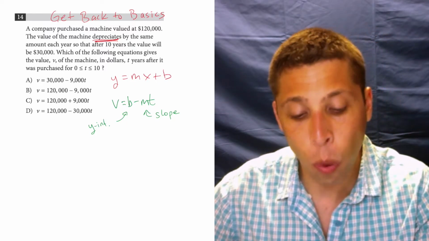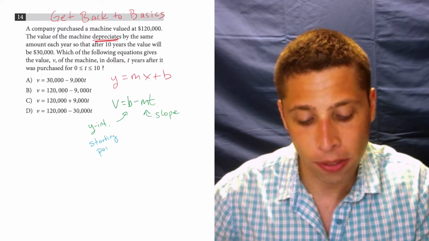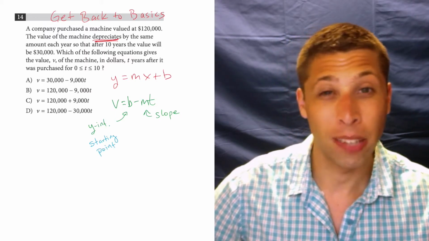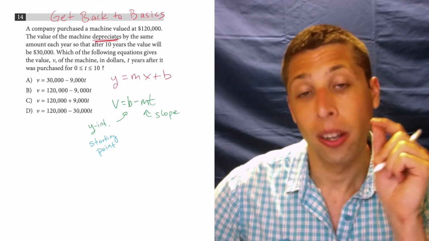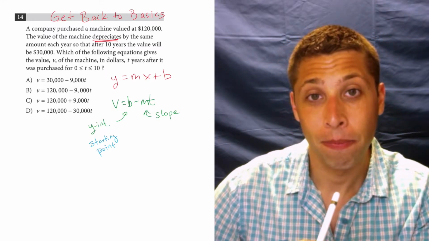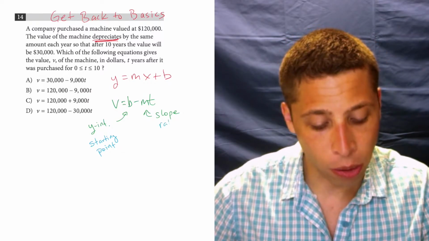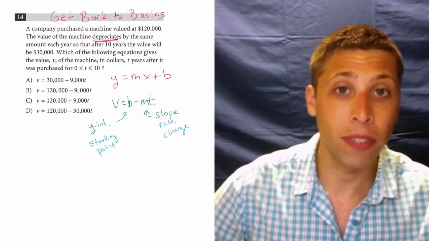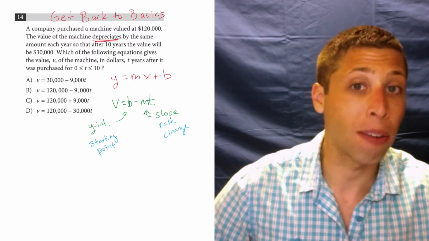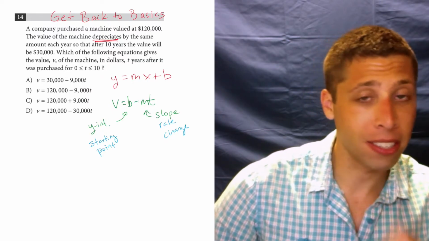So for the y-intercept, we usually think in terms of a starting point, right? It's where when time is 0 or whatever we're talking about is 0, the line starts, because we don't usually have negatives when we're dealing with a story. And the slope is like a rate or change, right? So we're trying to figure out what that rate is. And so we have a starting point. That's the easiest thing to find in this question, right?